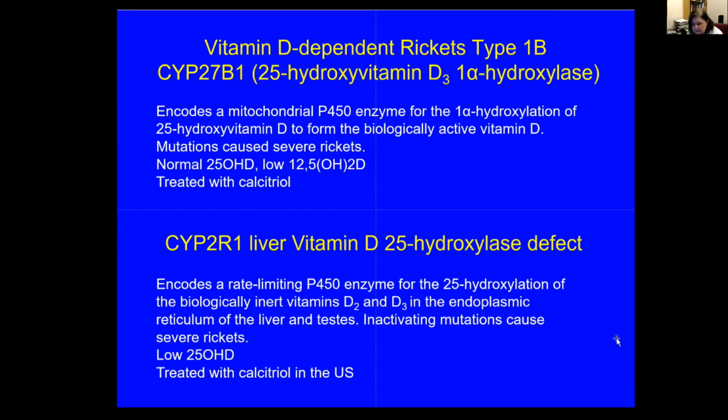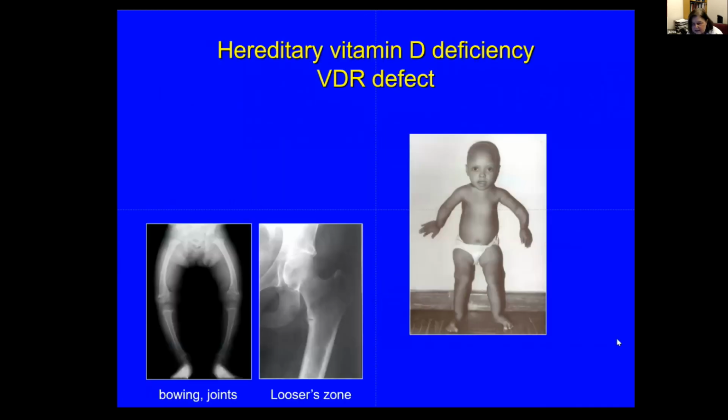And there are hereditary forms of inability to metabolize the vitamin D in the liver or in the kidneys. And this is the vitamin D receptor defect. I had a nice collection of about 30 patients from the Middle East when I was at NIH with this hereditary vitamin D deficiency.